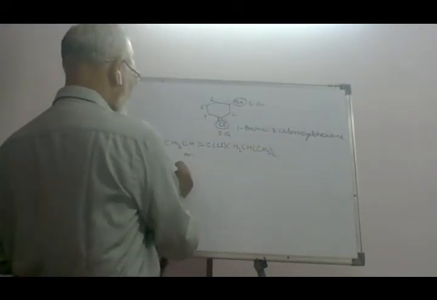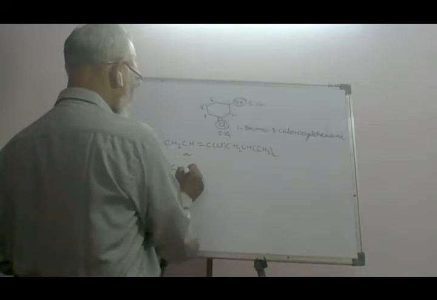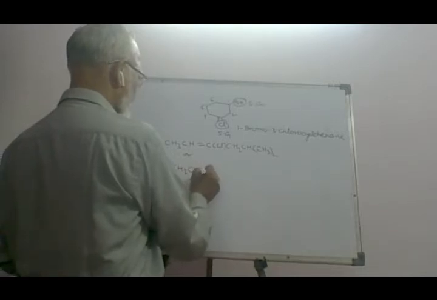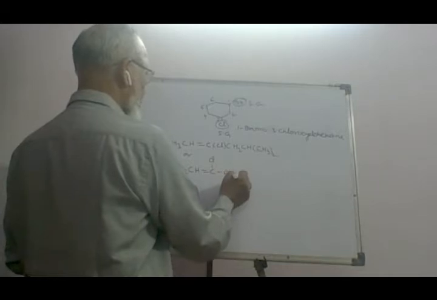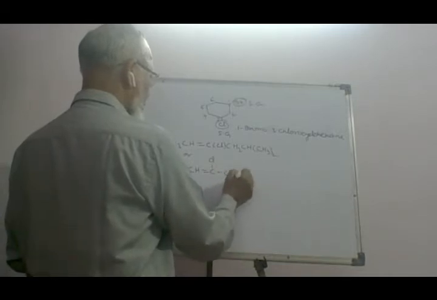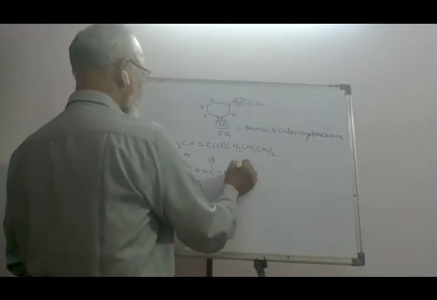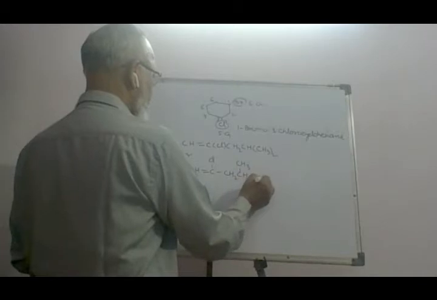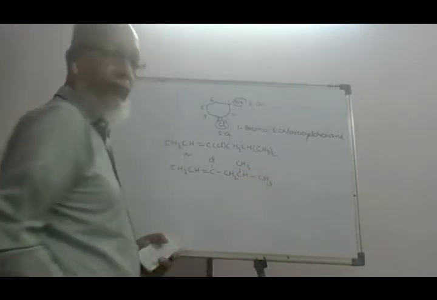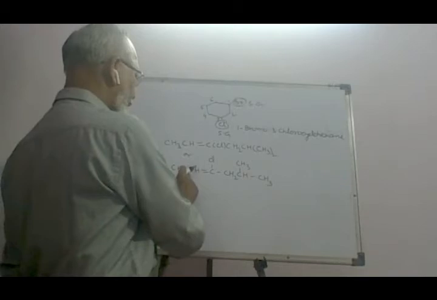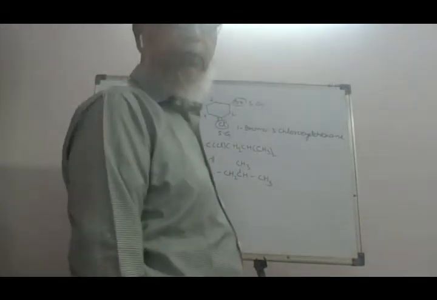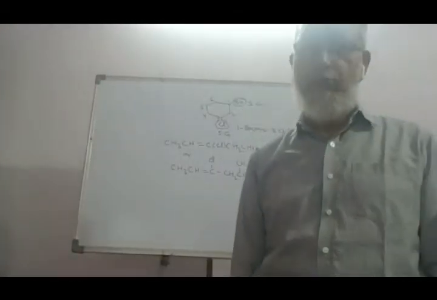Or it can be written as CH3, CH, double bond C, Cl, CH2, CH, CH3, CH3. There is a chain of 1, 2, 3, 4, 5 and 6 carbon atoms. Word root will be hex.